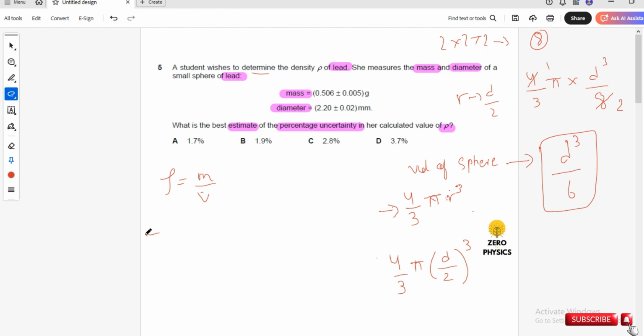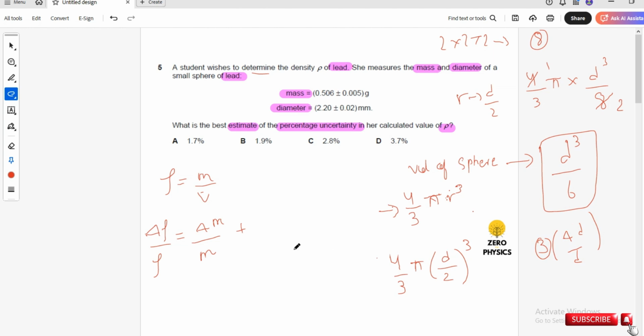All right, so we're going to solve it now. The percentage uncertainty is delta ρ over ρ, and delta M over M plus... But when we're talking about diameter, we have the power of diameter as 3, right? So how are we going to solve it? We multiply the whole delta D over D by 3 because we have the power as 3.